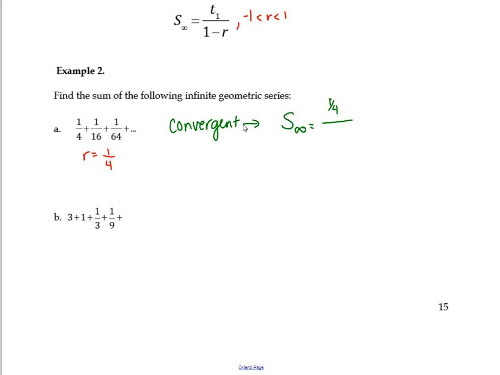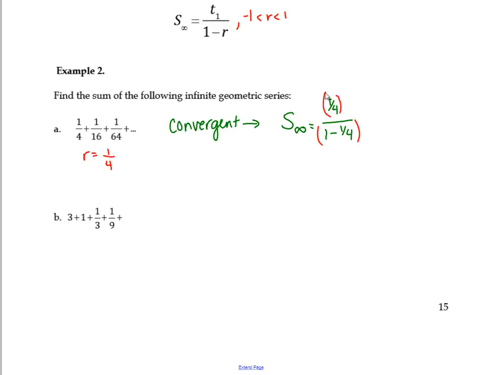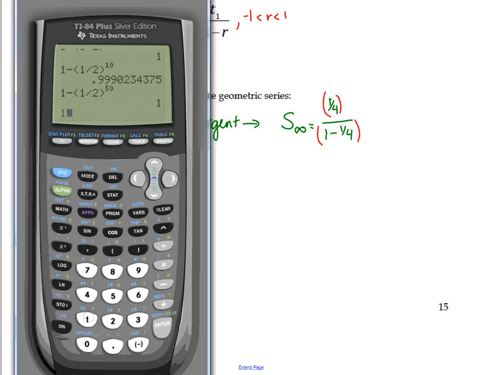1/4 divided by 1 minus the common ratio, 1/4. You have to be very careful when you enter that in your calculator. I'm going to put brackets around my numerator and around my denominator: bracket 1/4 divided by bracket 1 minus 1/4.